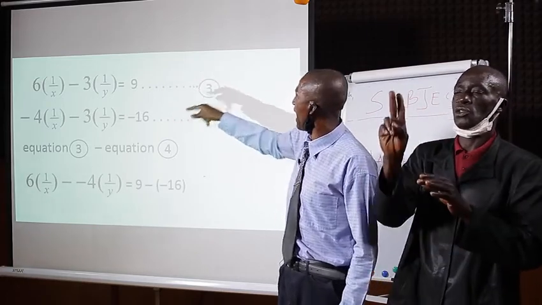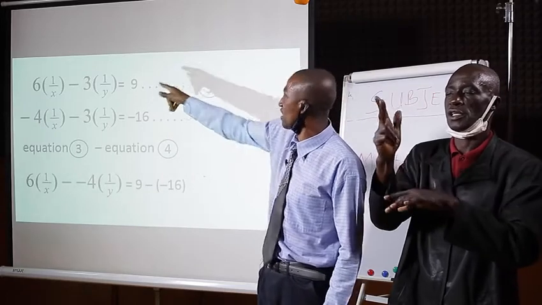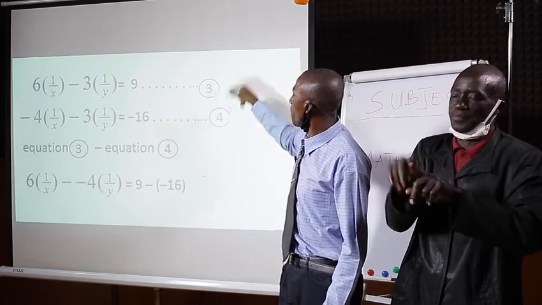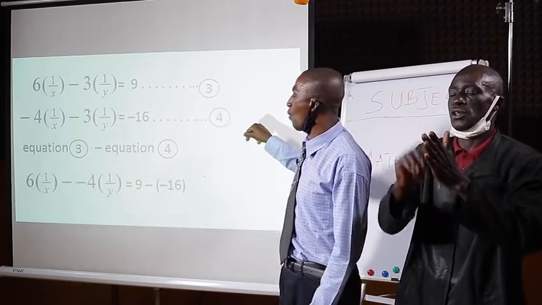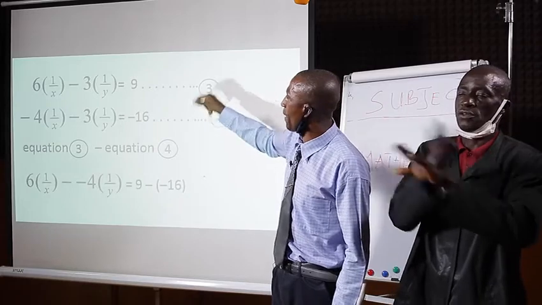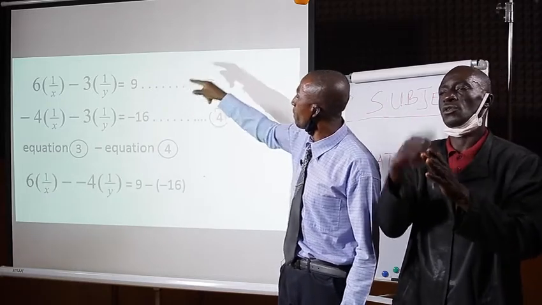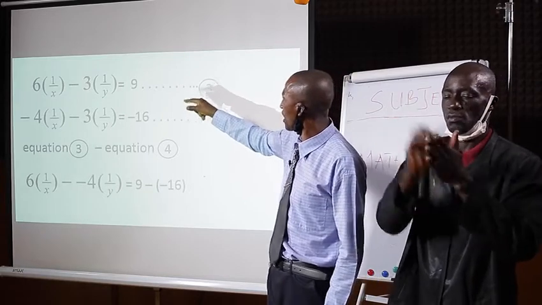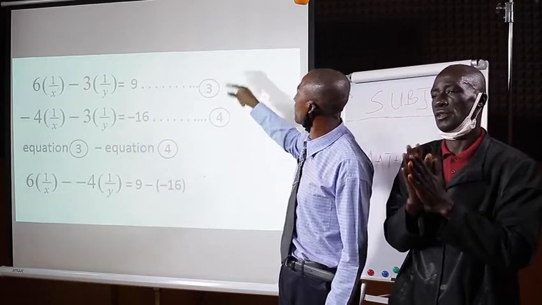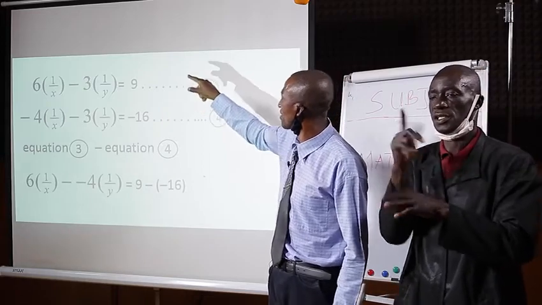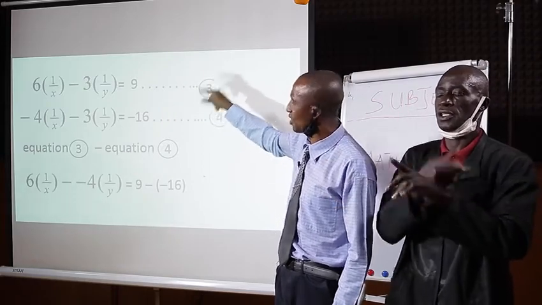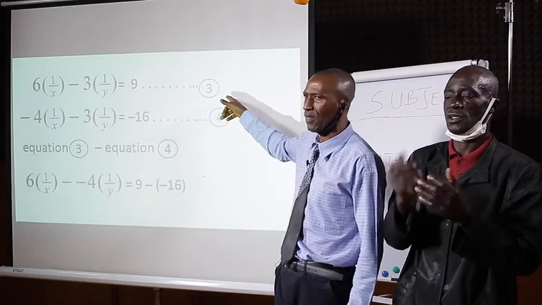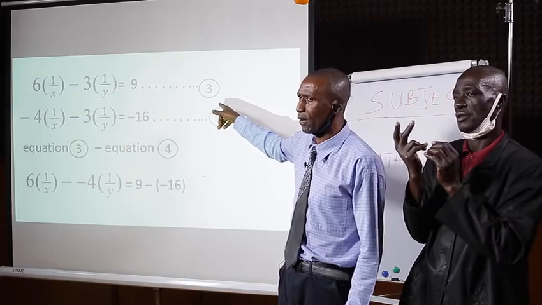Also, 3 multiplied by minus 1 over y will give you minus 3 into 1 over y. And 3 times 3, the answer is 9. I name it equation number 3.